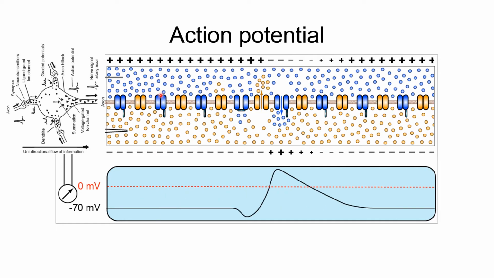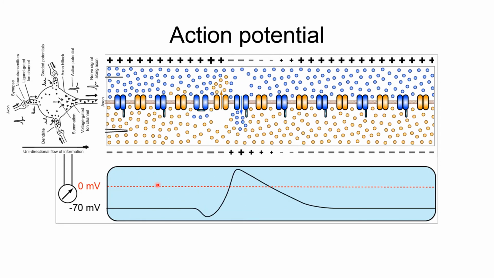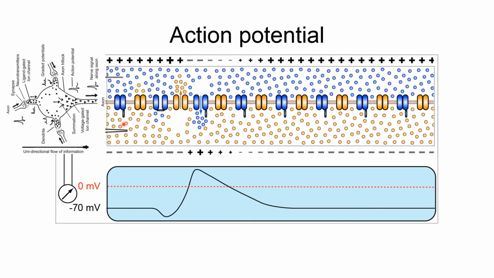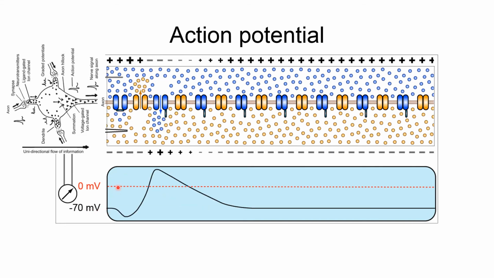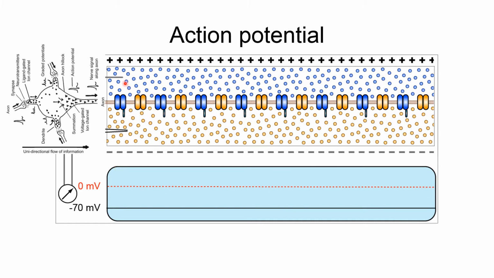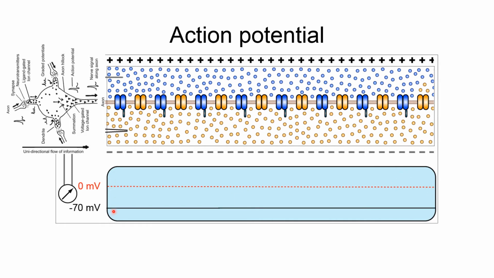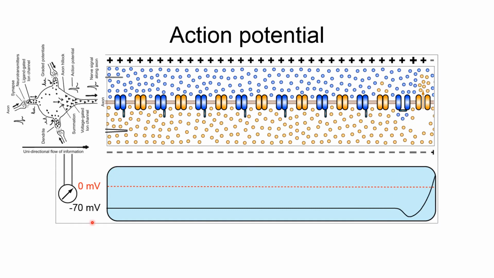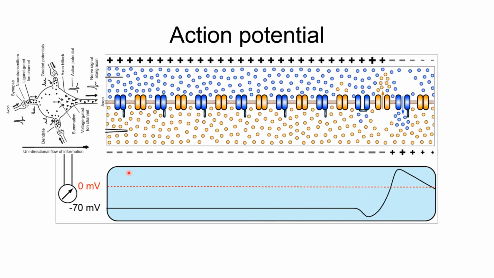So these sodium channels open and sodium enters into the cell, and along with that we can see a change in potential, from minus 70 millivolts to 0 millivolts, and then up to plus 20 millivolts, because sodium is positive and entering into the cell, making it more positive. So the membrane goes to 0 and then to plus 20 millivolts. It is less negative than minus 70 millivolts, so it is called depolarization.